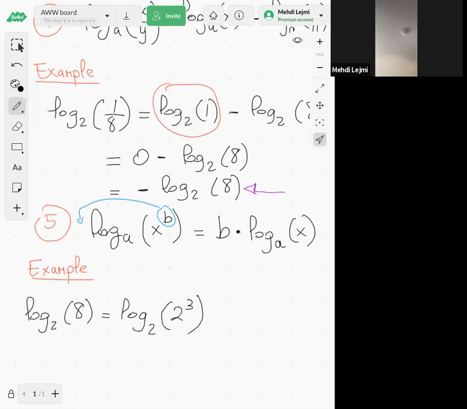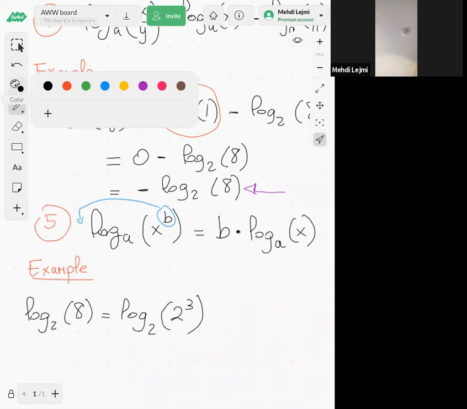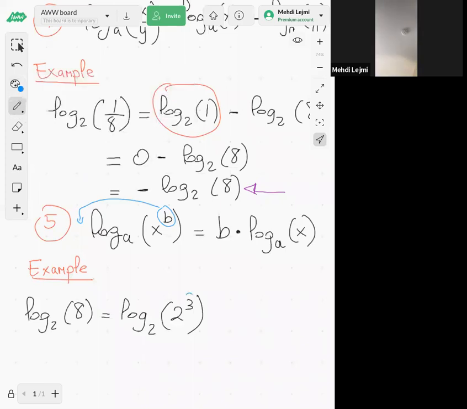Then I can bring down this power 3 in front of the log. So that will be 3 times log in base 2 of 2. So if you have a log of some number to some power, you can always bring down the power in front of the log.